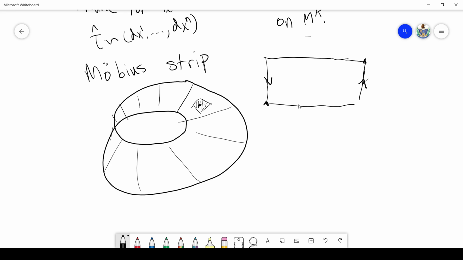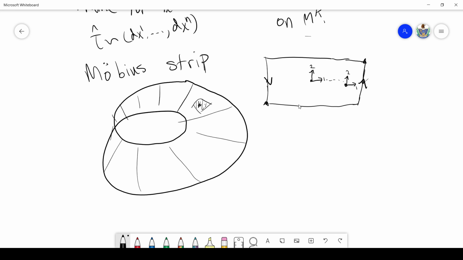Okay. All right. So let's say we pick a point here. And let's say this is our frame, 1, 2, right? This is just a standard frame. And if we move this along here, right? Okay. It's going to be the same, right? We're just moving along continuously.